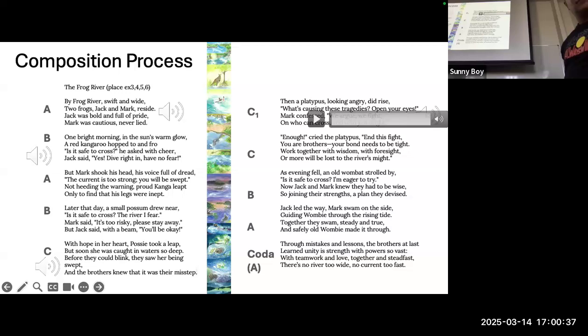Very briefly, there's one more section of the music, the platypus, and in this section, Maggie also speaks some lyrics. Her performance of this song is quite theatrical.